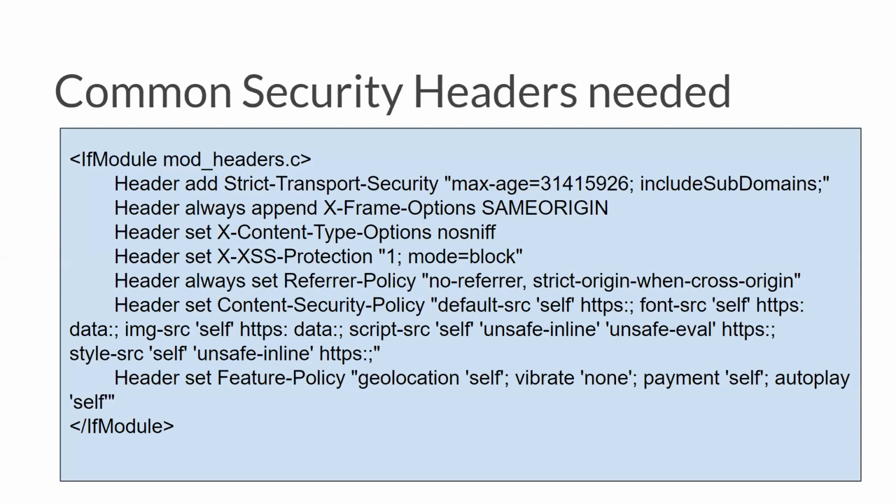This is where you put these headers into your Apache header section, or you can put them in your .htaccess file, which is in the root folder of your WordPress installation.